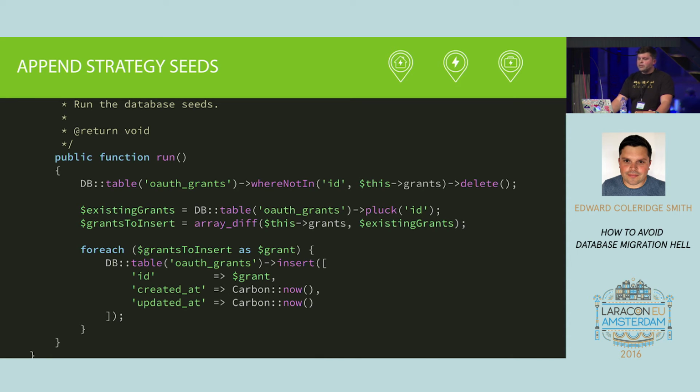Then we'll create a diff of the two arrays: the grants that should be in the database and the grants that are already in the database. The result is an array of grants which need to be inserted. Then we'll loop through and insert those missing grants into the actual database.